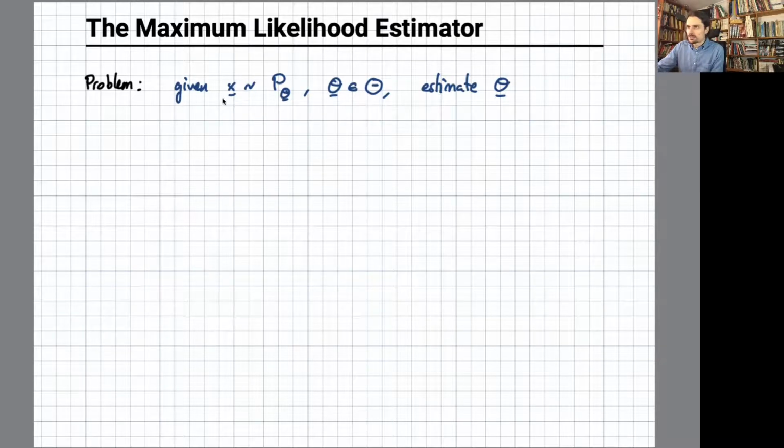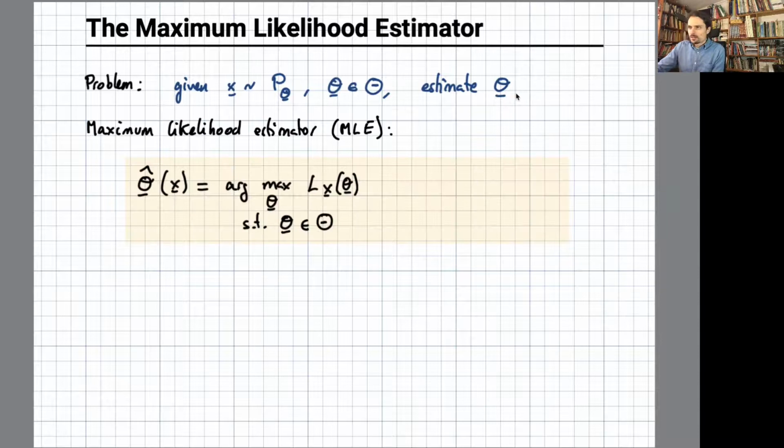We are given data that adheres to a probability distribution parameterized by a vector theta that lies in a parameter space capital theta, and the goal is to estimate precisely theta. The maximum likelihood estimator is nothing but the value of theta in this parameter space that maximizes the likelihood function.